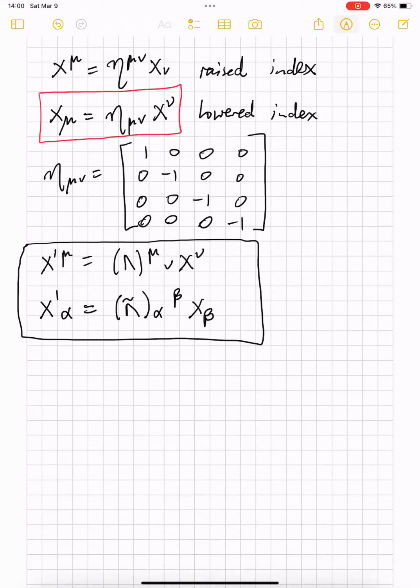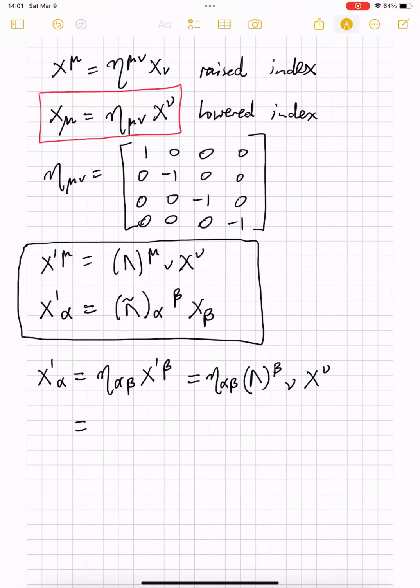So let's start off. With x primed alpha, I can use the Minkowski metric to lower the index of x prime. Then, using the first equation in the box, I can write this as eta alpha beta lambda beta nu x nu. And now I can use the metric again to lower the new index.